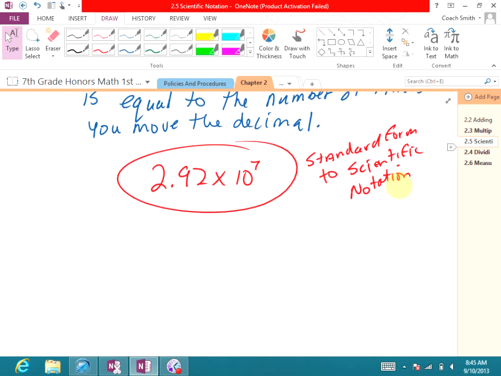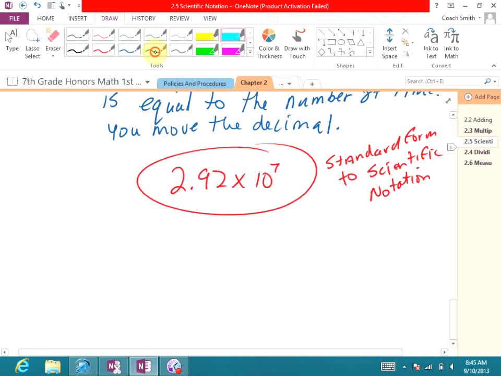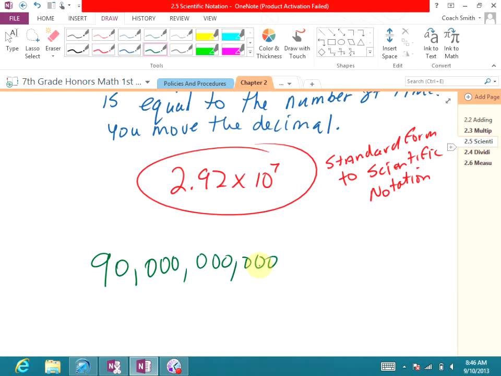Let's do this one. 90 billion. Okay? So, I'm going to move the decimal.